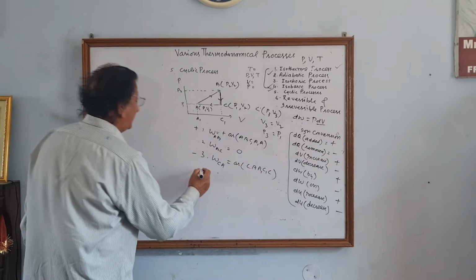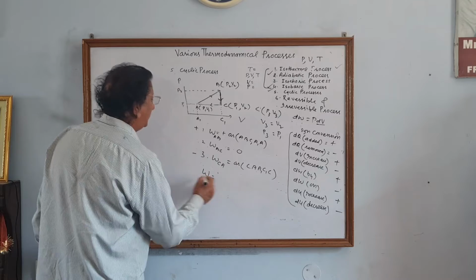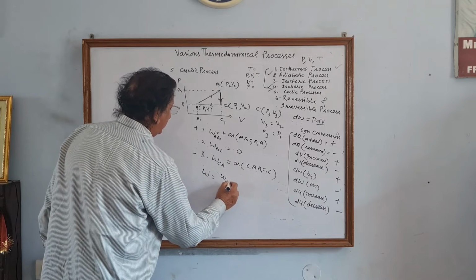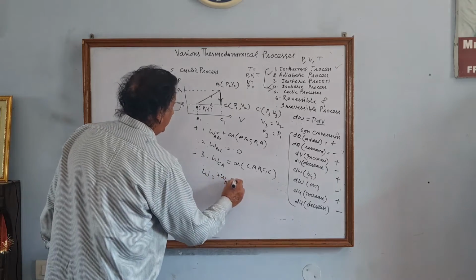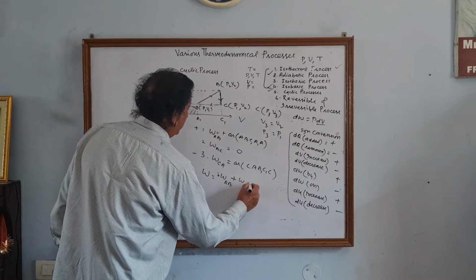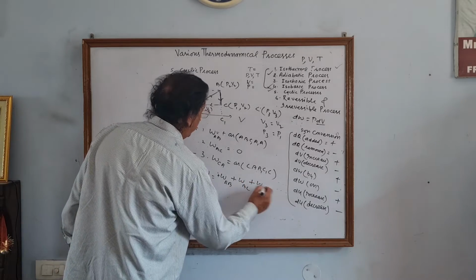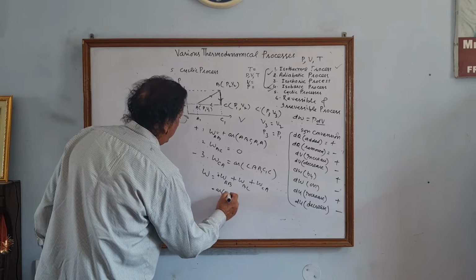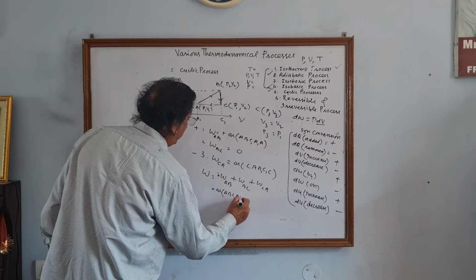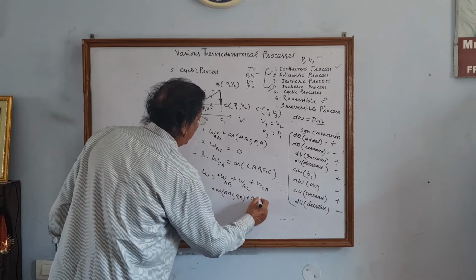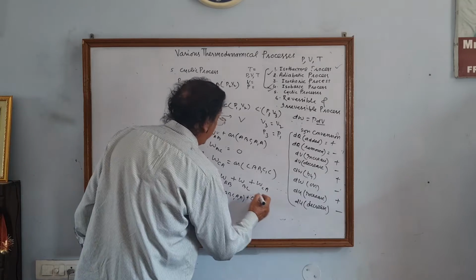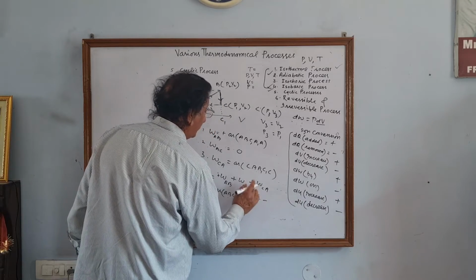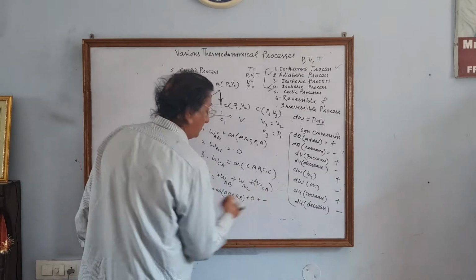So what is the net work done? Net work done is WAB plus WBC plus WCA. This is area A, B, C1, A1, A. This is 0 and this is negative work. This is negative.